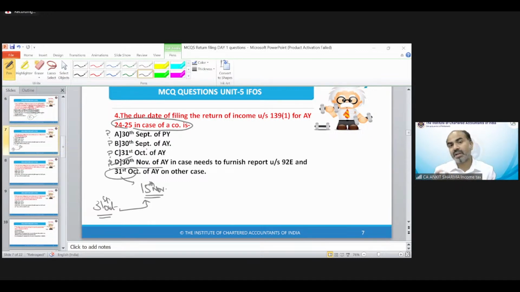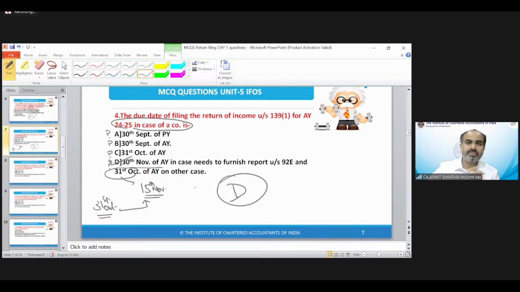So technically 31st October is also correct, but option D covers more cases, including those in which the transfer pricing provision is applicable. So the correct answer would be D, that is 30th November if the section 92E report provision is applicable, and 31st October in any other case.